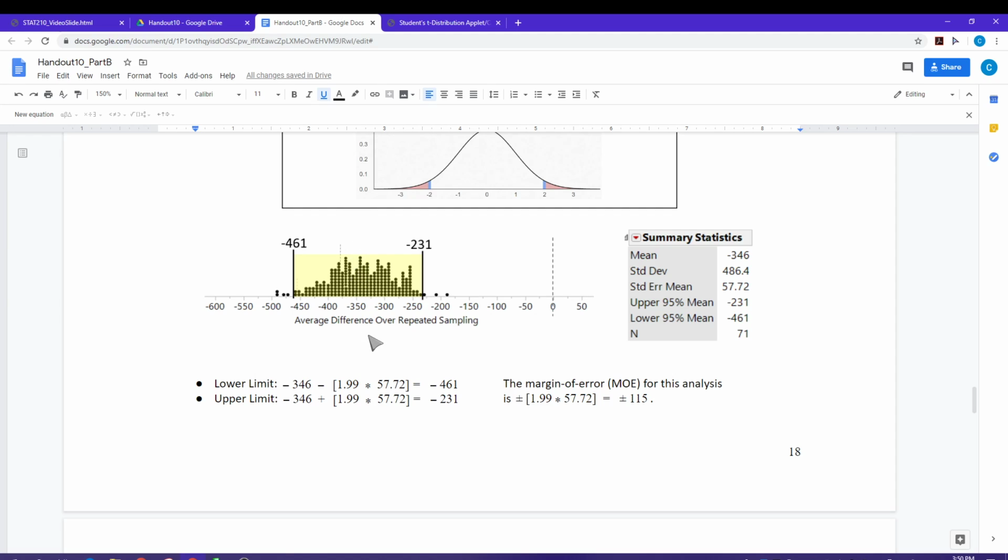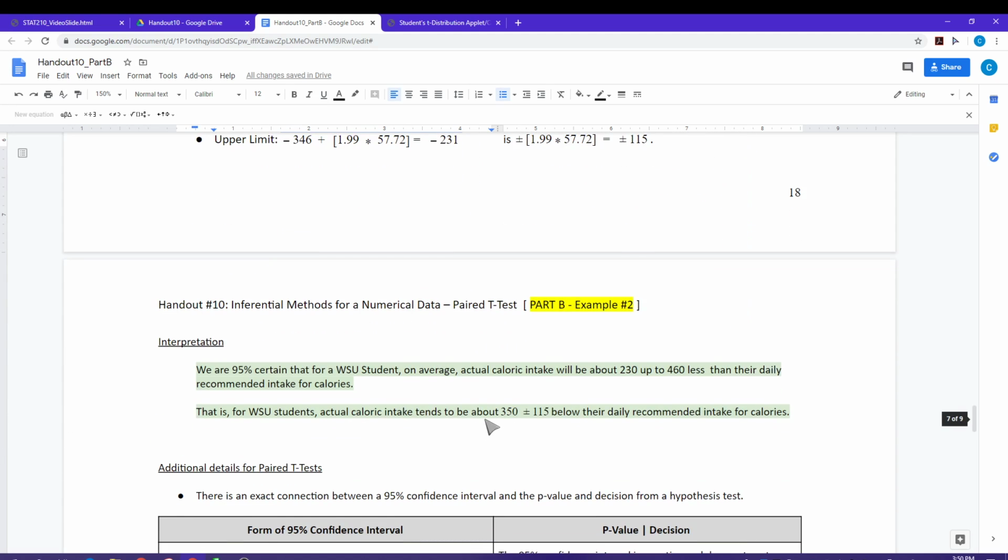So right here is the average at minus 350, and there's going to be variation below and above that quantity. The margin of error here is computed by this part there. That's just the IC times the standard error, which is about 115. The interpretation here is we are 95% certain that for a WSU student, on average, their actual caloric intake will be about 230 up to 460 less than their daily recommended intake.